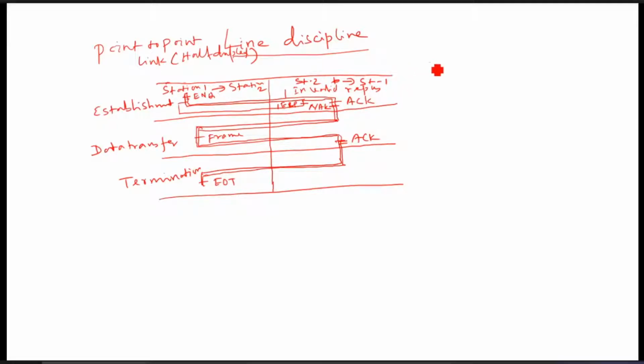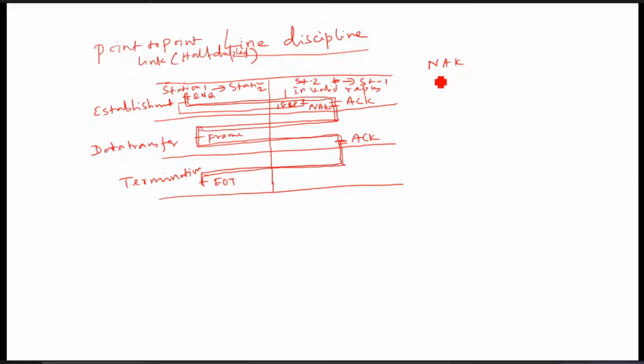The negative acknowledgement NAK is used by station 2 to indicate that station 2 is not ready to receive the data, or that the data received are in error, right?